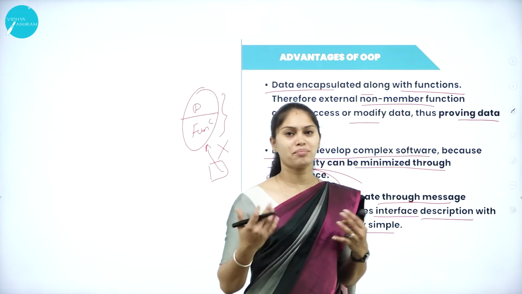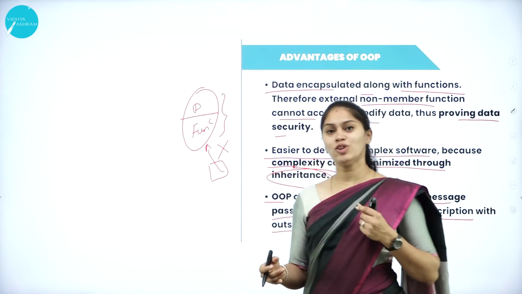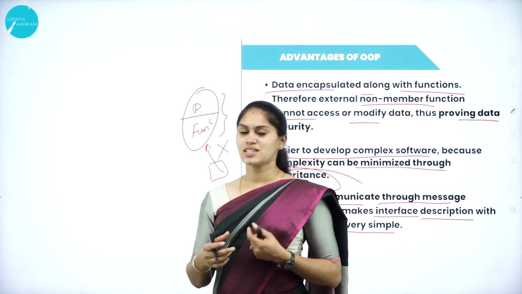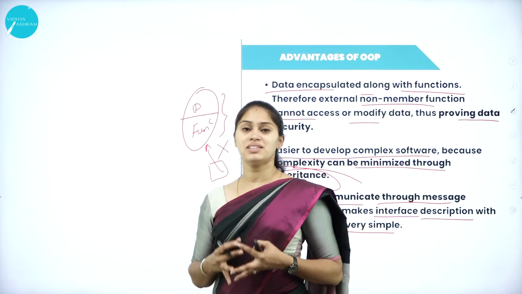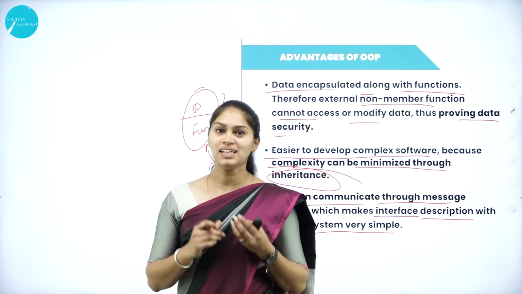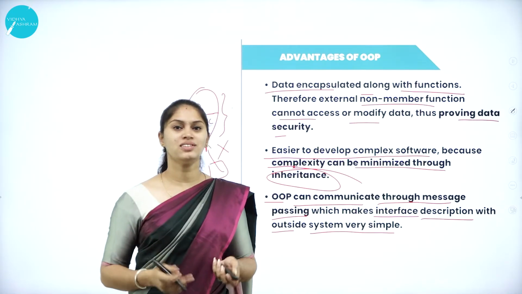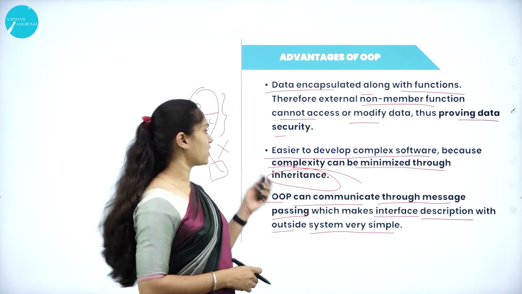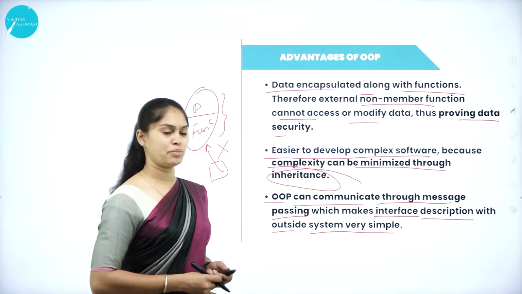This message passing methodology will act as an interface. So we are going to link the code with objects. By making use of the object name, function name, and what is the message to be sent, everything will be integrated together, so that it will be simple when we want to transfer a message from one object to another object. Okay, so this is one of the advantages of object-oriented programming.